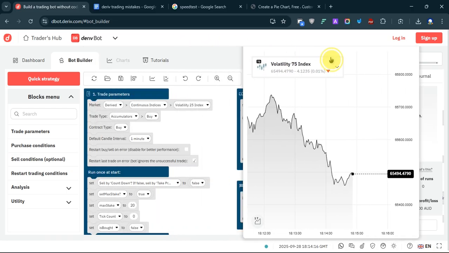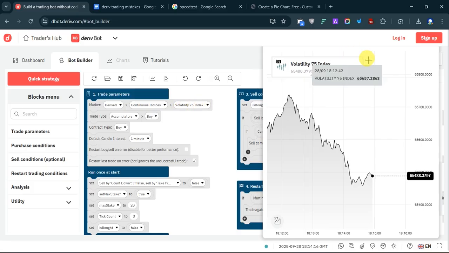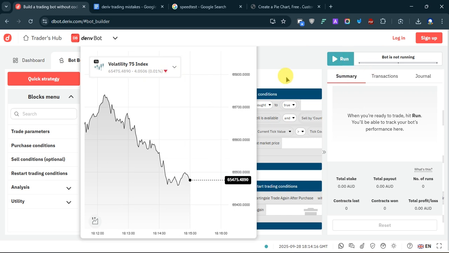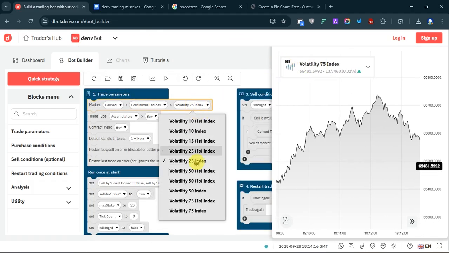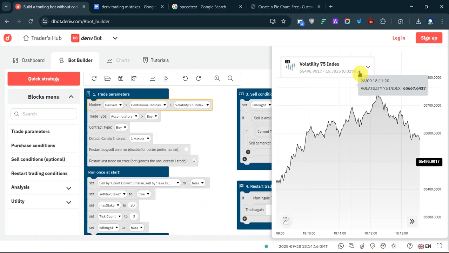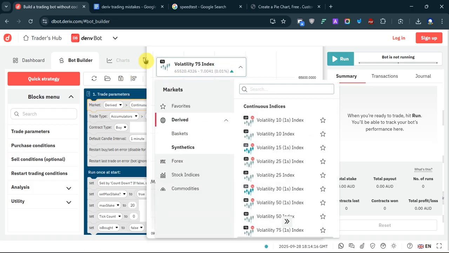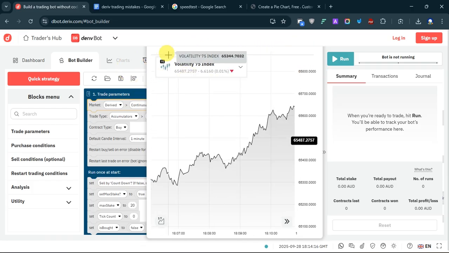So the bot will run on volatility 25. As you can see here, it will run on volatility 25, not 75. So before running this bot, I need first to change it to volatility 75 and then run it. So it will run on this chart, not the one that is set here. So you first need to confirm it before you start trading.